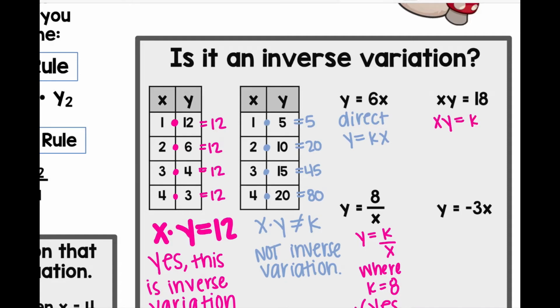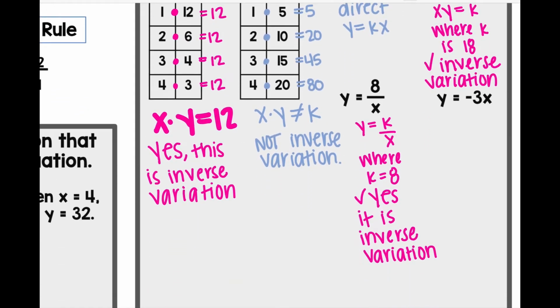Since this is written in the form x times y equals k, where k is 18, this is inverse variation. And for our last example, y equals negative 3x is in the form y equals kx, which represents direct variation. So this is not an inverse variation.